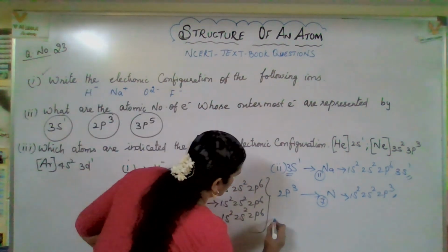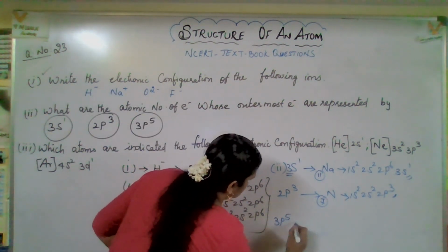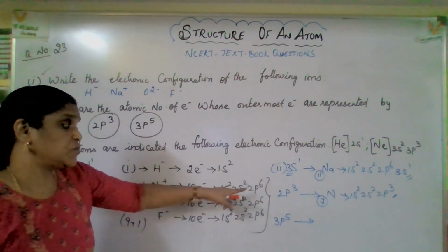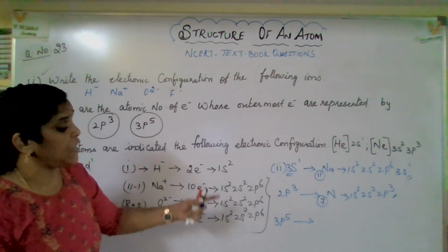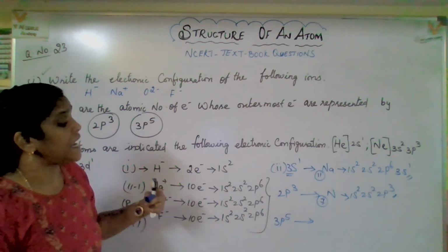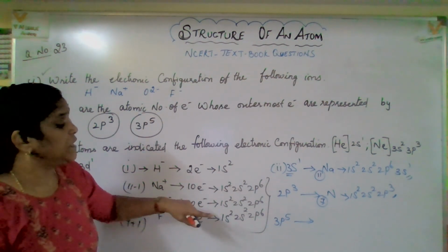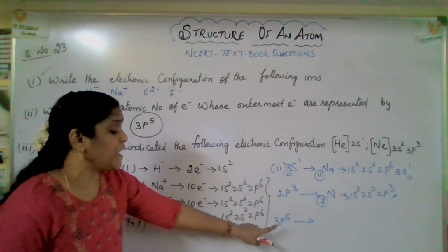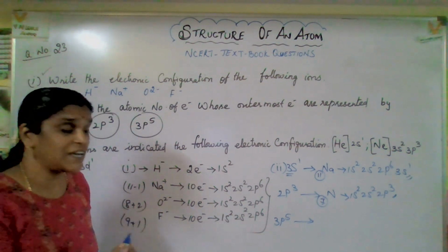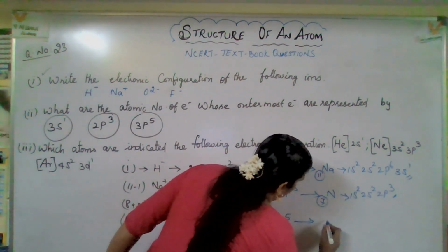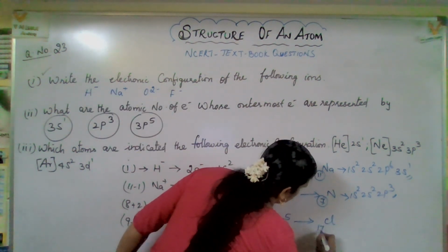The last one, 3p5. See here, 1s2, 2s2, 2p6. That means 10 electrons. Then 3s2, 3p6. That means 18 electrons. So here that means 3p5. 3p5 means what it is? 17 electrons. So 17 electrons is what it is? Chlorine.